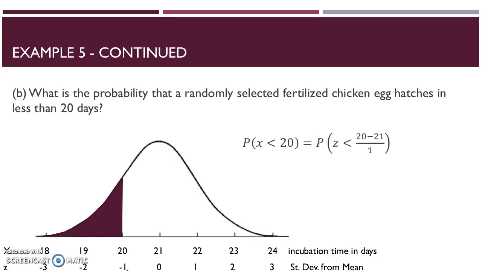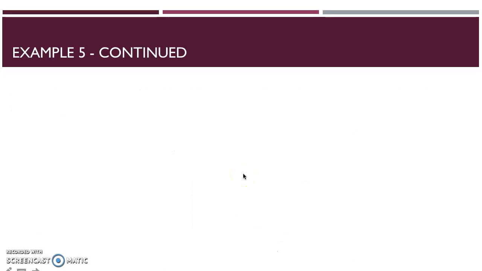I showed all of the steps in my slide so that you could refer back to it when you don't have an x value that lines up with a z. But the probability that x is less than 20 is the same as the probability that z is less than -1. To find that probability, you want to look for z equals -1.00 on your chart, and you should get an area or probability of 0.1587.